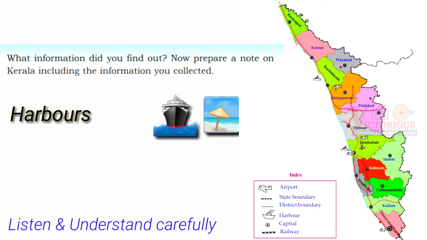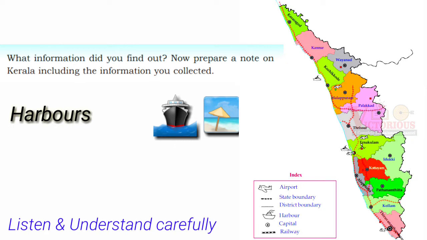So you can count how many ships are there, and understand how many harbors. You ready? So I repeat my question. On observing this map, can you say how many harbors are there in Kerala? Yeah, very good. In Kerala, there are 2 harbors. They are in Ernakulam and Kozhikode districts. Very good.